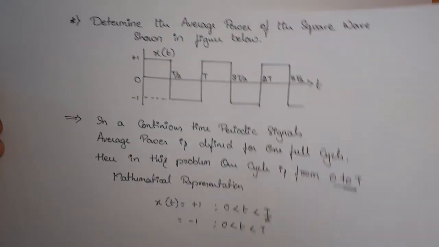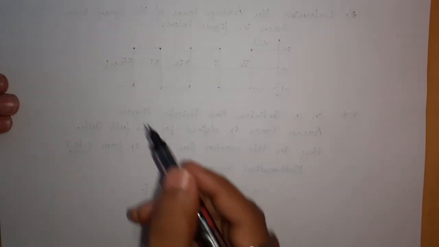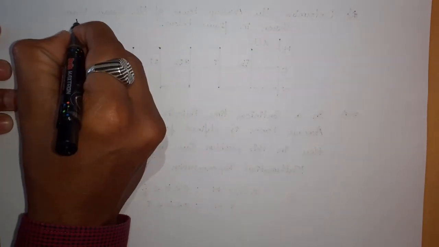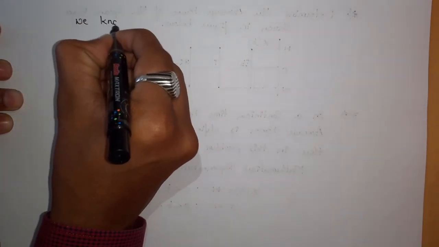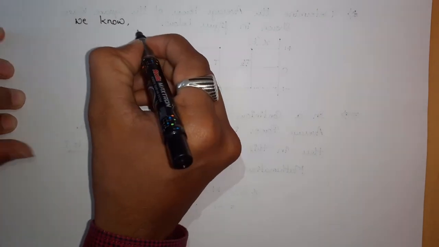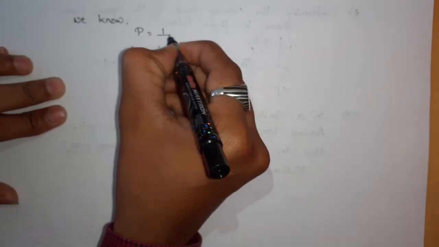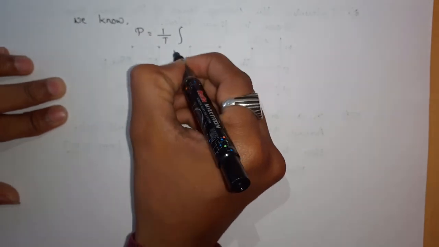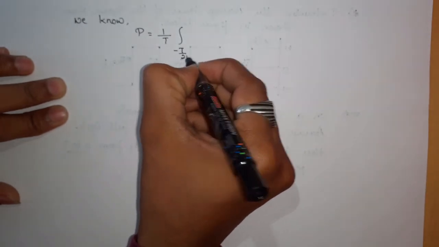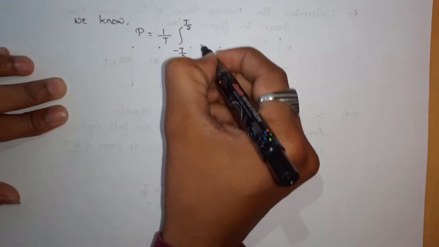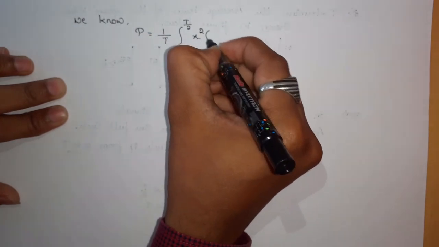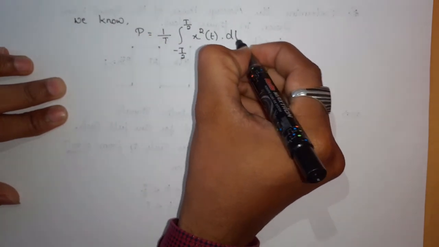Now as we all know, the power of a continuous time signal is given by P is equal to 1 divided by T integration from minus T by 2 to plus T by 2 of x square of t into dt.